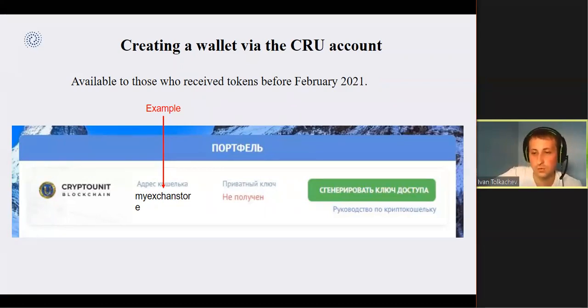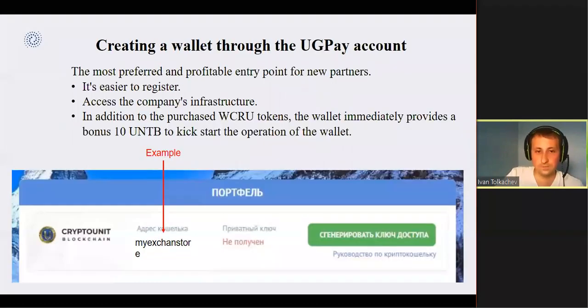For this, you press the button, generate the key phrase, and then you follow the guide to get access to your tokens on blockchain. And I believe it makes sense for those who haven't done it and who still have some tokens from that time to generate the seed phrase and get access.